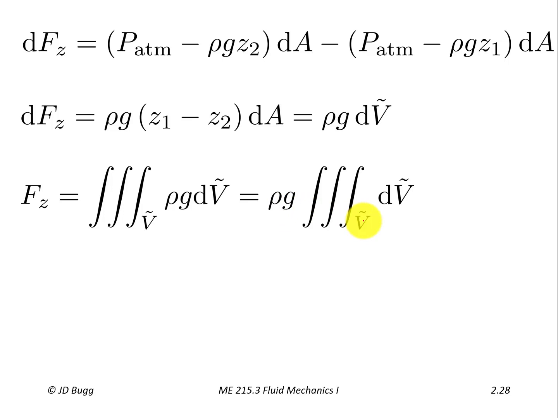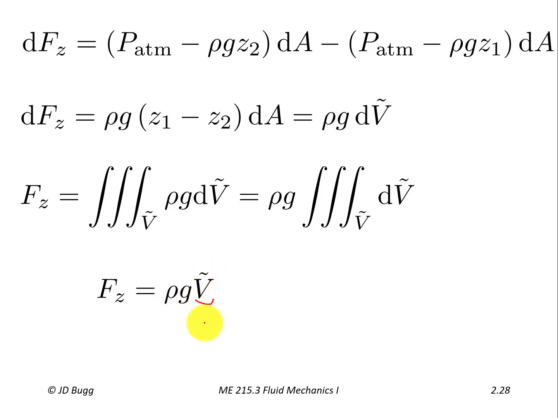Well, the triple integral over the volume of dV is just the volume of the object. So we can just represent this by rho times g times the volume of the object. So this is the buoyancy force. And this is the weight of the fluid that is displaced by the object.